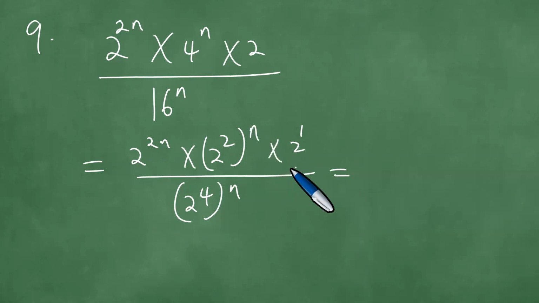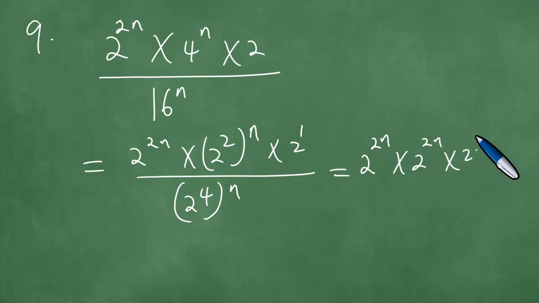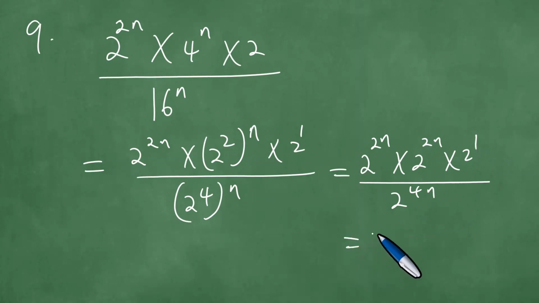when all the bases are the same, you can then write these as 2 to the power 2n times 2 to the power 2n times 2 to the power 1 divided by 2 to the 4n. Here the bases are all the same, so you can take one base and add the exponents. That's going to be 2n, and then you're adding 2n, then you're adding 1, right? And then you divide by 2 to the 4n.